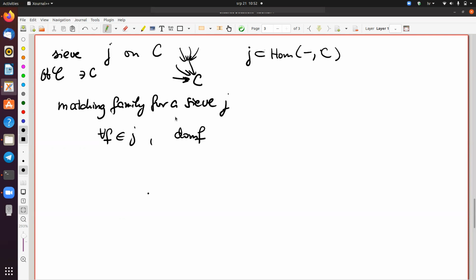For a sieve, a matching family for a pre-sheaf is a family of sections, elements in the pre-sheaf. So the pre-sheaf is P, and for a given pre-sheaf you take P at the domain of f.